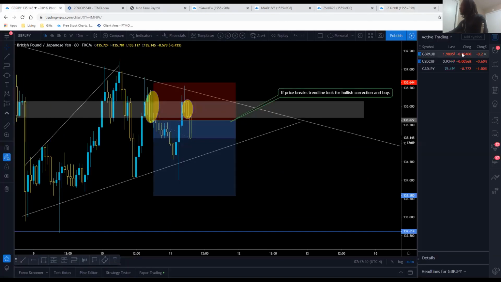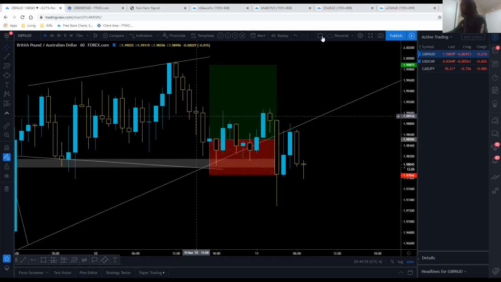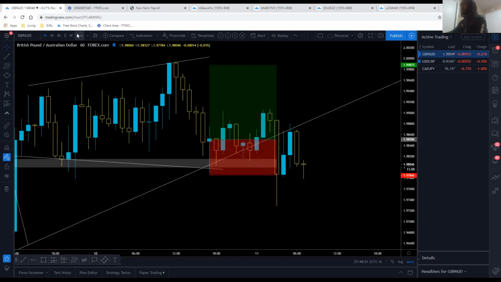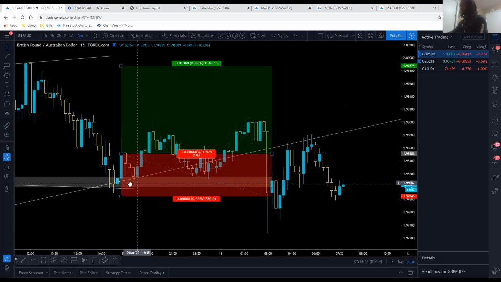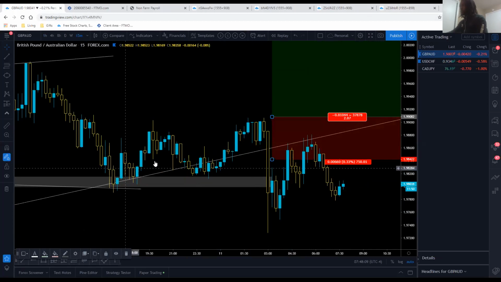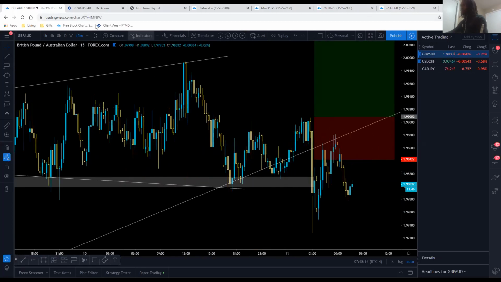GA. Okay. GA hit SL. If it gave us a Japanese candlestick reversal pattern, let's go ahead and find that. Don't see one there.